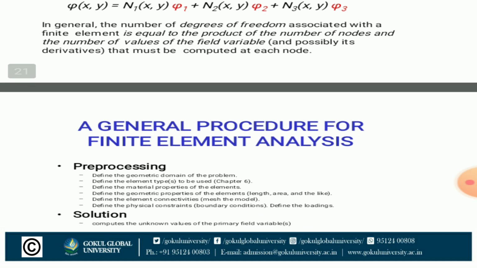So this is the general degree of freedom in 3 nodes, which we have seen by the arithmetic equation phi of x and y. Now what is the general procedure for finite element analysis?